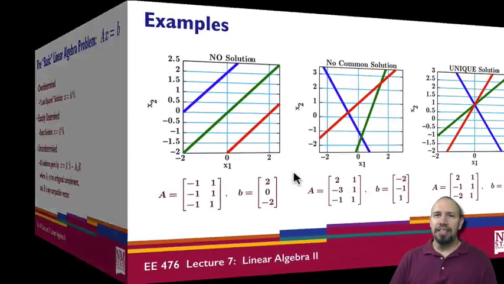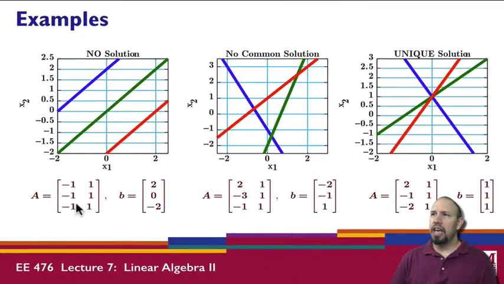Okay. By way of example, here's an A matrix, here's a B matrix. Each of these rows corresponds to a line, right? A is multiplied by X, so X is two-dimensional. And so in two-dimensional space, each of these rows corresponds to a line. So minus 1 times x1, plus 1 times x2, is equal to 2.